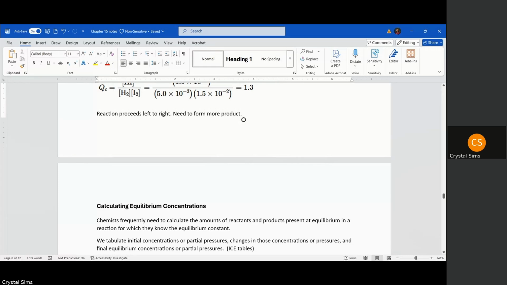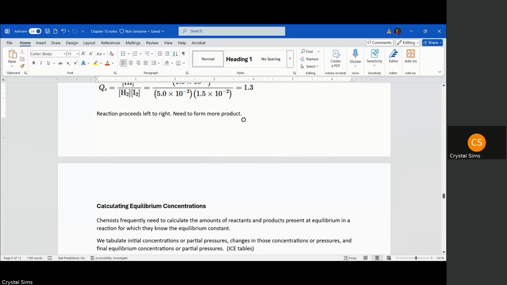So they gave us the equilibrium constant for pressure. They gave us the partial pressure of our 2 reactants, and asked us to figure out the partial pressure of the product. We had 3 of the 4. We can plug it in and solve for the one that we don't know.